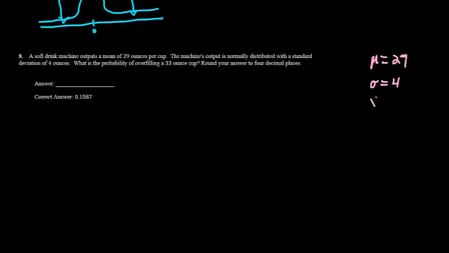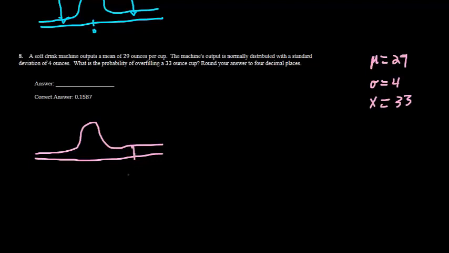There's no sample here, so I'm still going to deal with x's. This is 33. What does it mean to overfill? Overfill means I'm going to do something bigger than. So I want to find out if I'm losing money by overfilling, greater than 33 ounces. So all of this space over here. My mean is 29. The standard deviation is 4. Similarly, we got to do that z transformation.